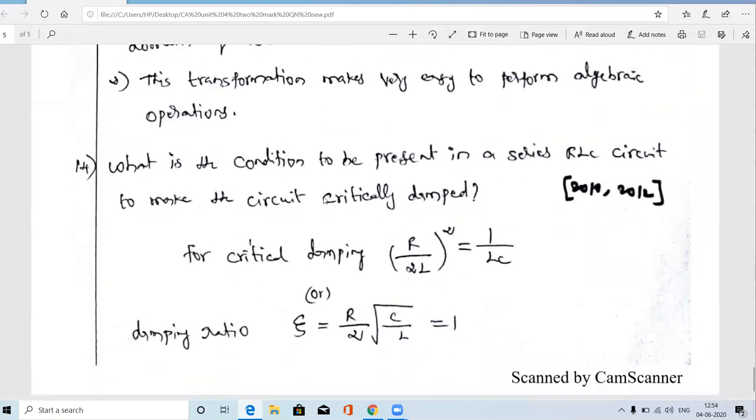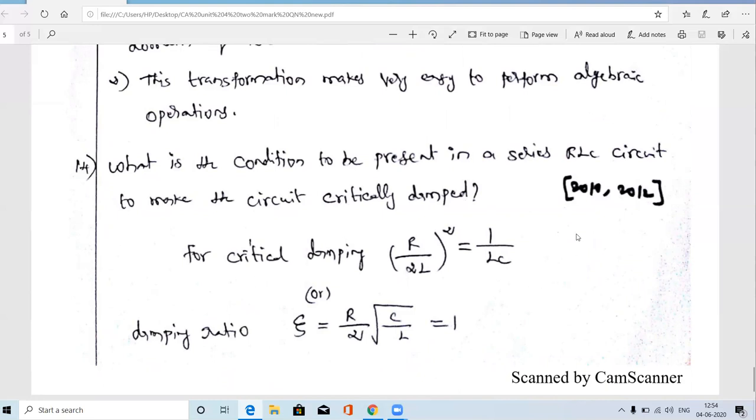Then the next question: what is the condition to be present in a series RLC circuit to make the circuit critically damped? We already discussed two critically damped problems, and I told the condition, which is also one of the 2-mark questions.